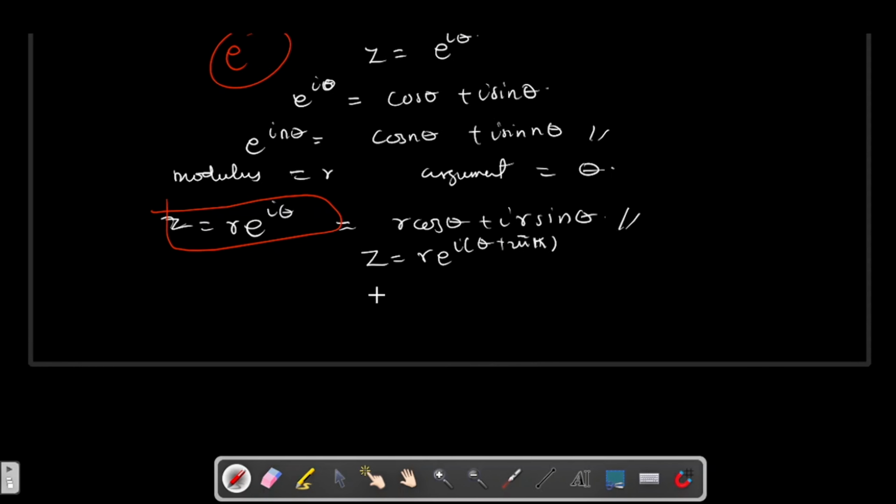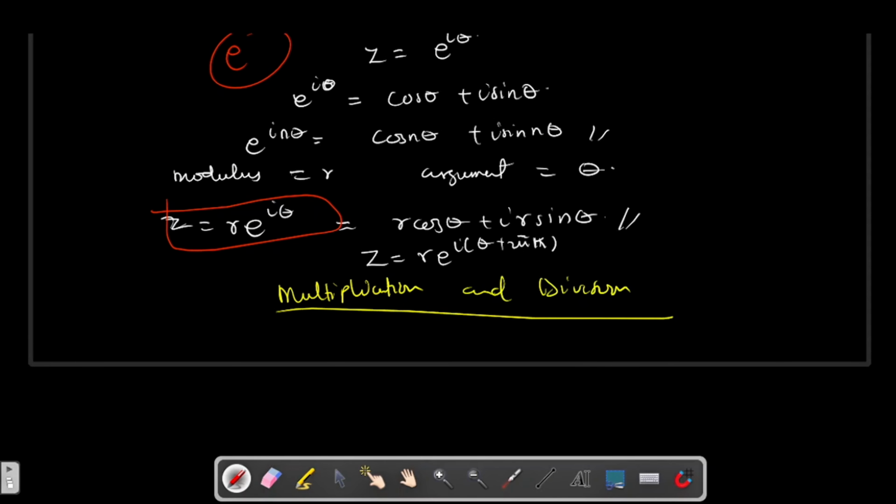Now let's do multiplication and division of complex numbers in the polar form.